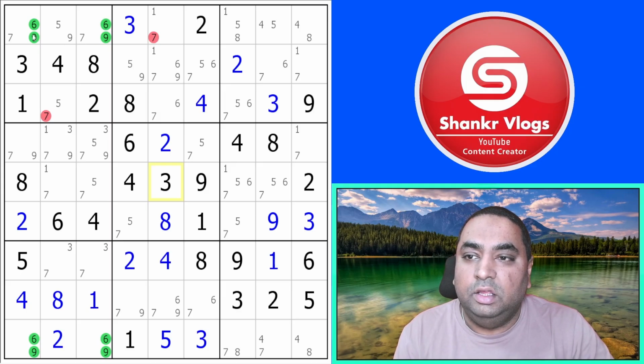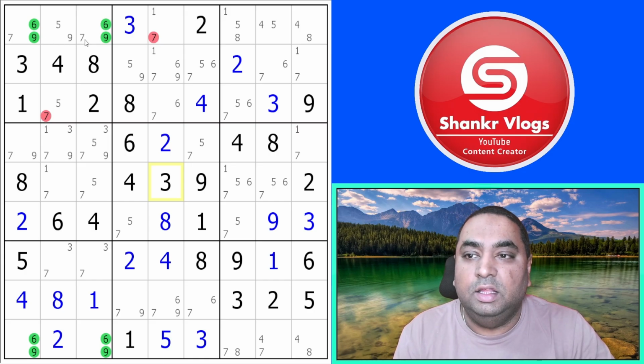In this unique rectangle type 2, the additional candidate is 7. See, 7 is appearing in your candidates, 7, 6 along with 6 and 9. So together they form a single unit, that is 7. 7 has to be placed in one of the cells. We don't know which cell it is.